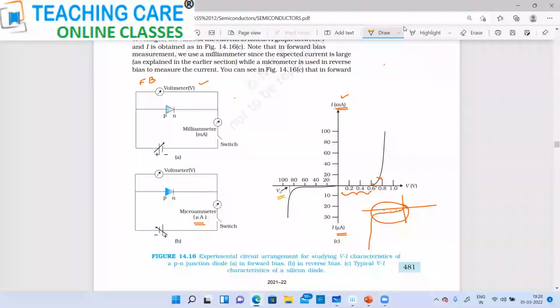Why does the current increase? It crosses the breakdown voltage. If the breakdown voltage is this, after that the current increases rapidly. What is happening at the breakdown voltage for the current to increase? The minority carriers flow. The drift current is more.